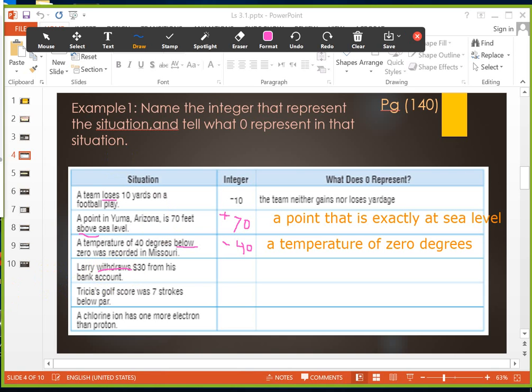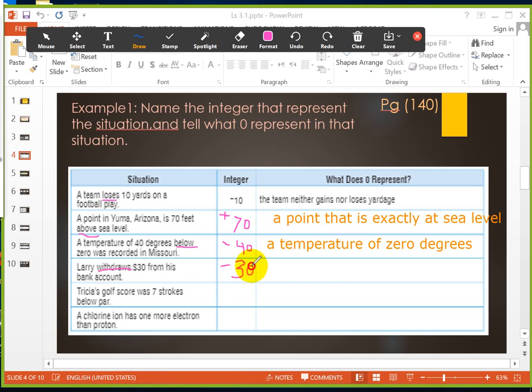Who will tell me? Withdraw means he lost 30 from his bank account. So is that positive or negative? Of course that means negative. Thank you so much. That means negative 30.